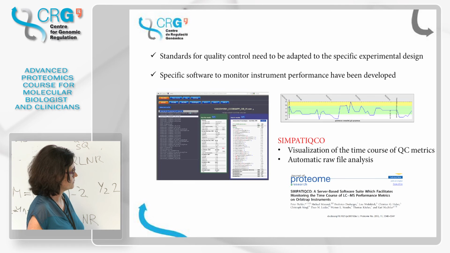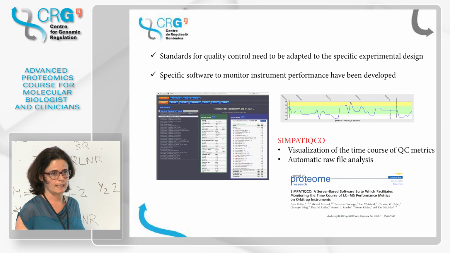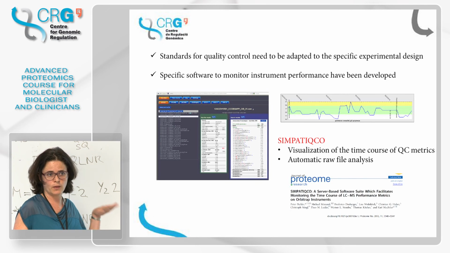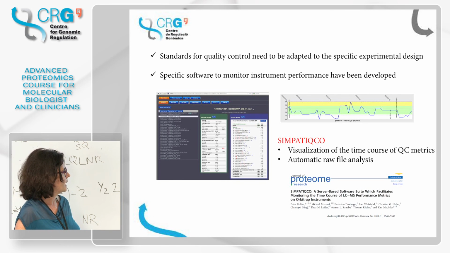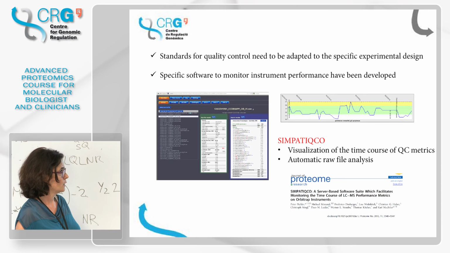Okay? The thing is that the standards for quality control need to be adapted to the specific experimental design. So we cannot use the same standards for everything. If we are doing phosphorylation studies, we need to have a set of phosphopeptides to be used as a standard. And we also need specific software to monitor the instrument performance. There has been some software published during the last years.